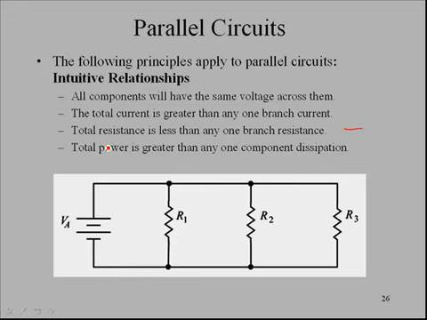So total resistance is less than any one branch resistance. Total power is greater than any one component dissipation. So the total power is going to be the sum of all of the component power dissipations added together, and that will be greater than any one single component dissipation.